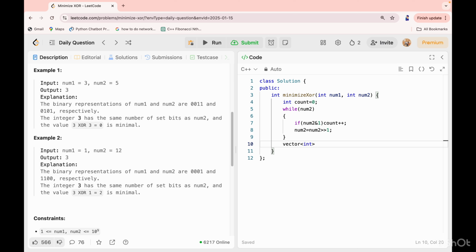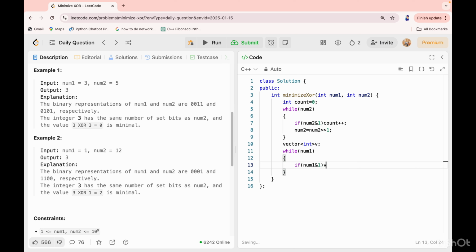Now we will make a vector for storing all the bits of the number. We will just copy this loop. This loop is fine. Okay. But what we have to do, we have to first check if num1 is odd, first we have to correct it.